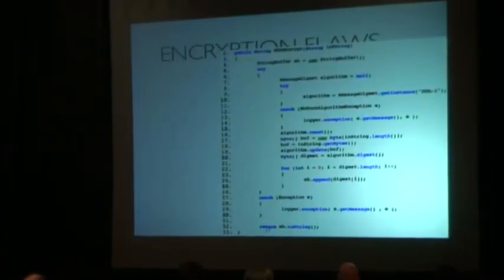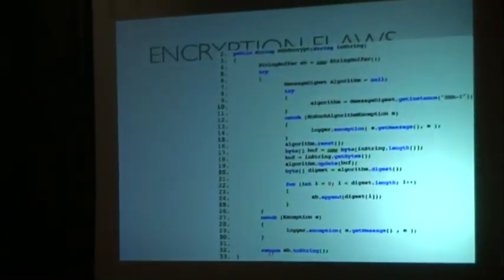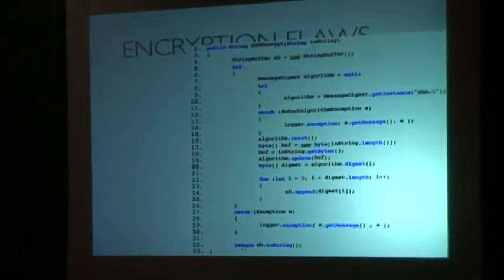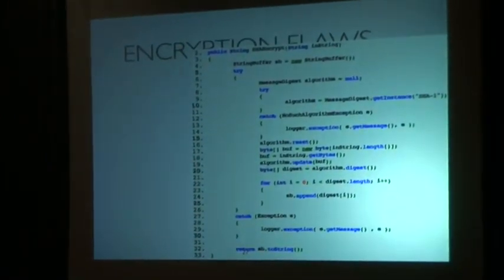So this is a piece of code that hashes any string. It was used to hash passwords. So the exception management here is problematic. Why? Because if an exception happened here, the point is not the source code itself, it's the exception management part of it.